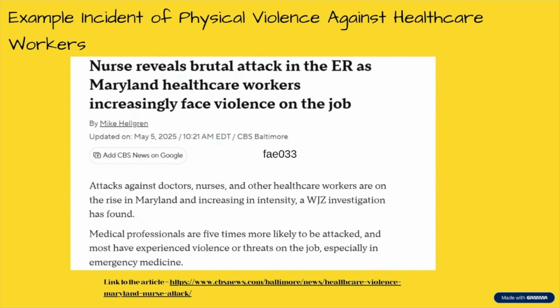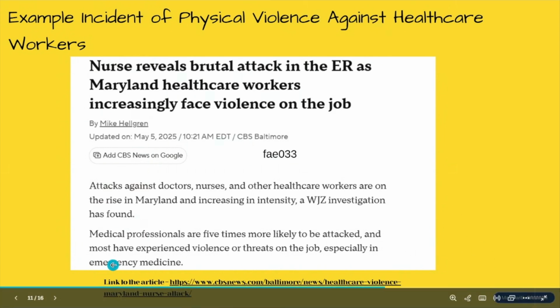And I believe this nurse right here actually quit her job as a result of the incident, or she was just rendered not healthy enough to work because the beating unfortunately was really just that awful and bad on her. But healthcare workers do face an increased risk of physical violence and threats on the job, especially in the emergency medicine rooms.